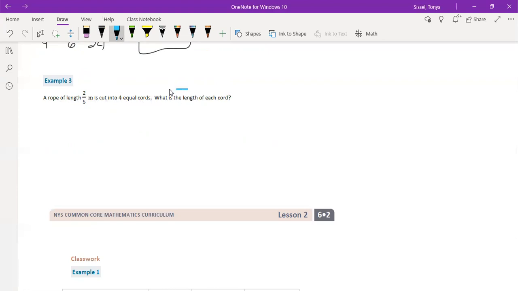What is the length of each of those pieces? And we've got 2/5 of a meter, and it's cut, so that's divided into 4. 2/5 divided by 4.